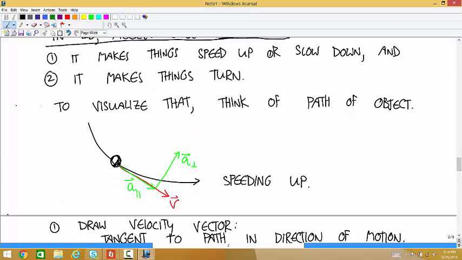So I took these two vectors, I put them head to tail. The sum of those vectors goes from the free tail to the free head. And so this is the total acceleration vector.